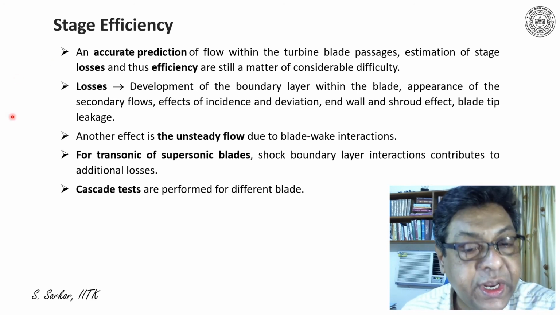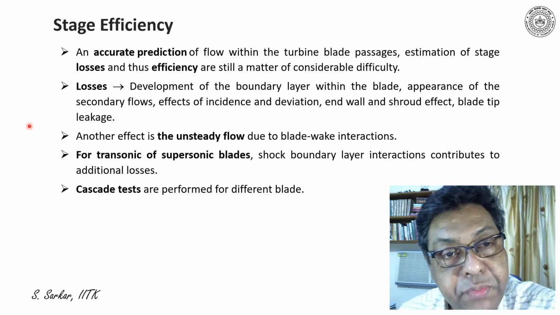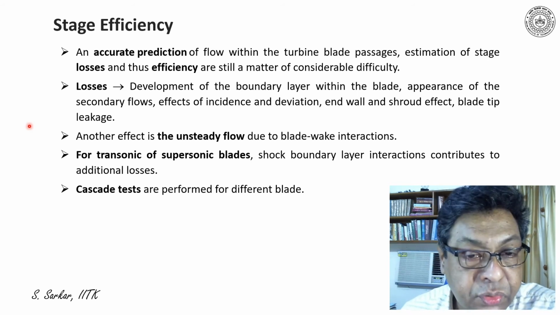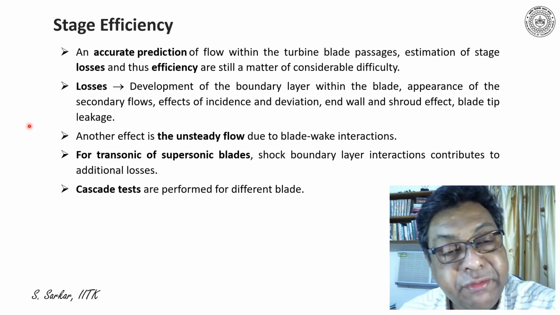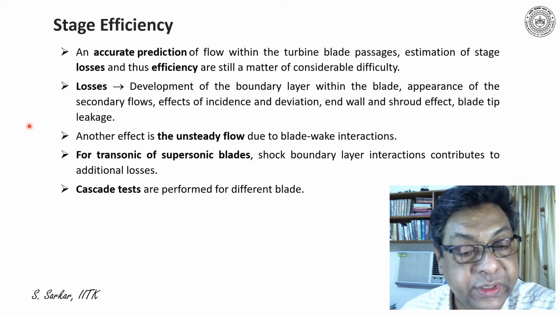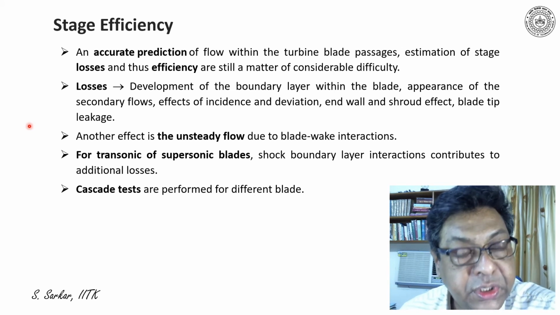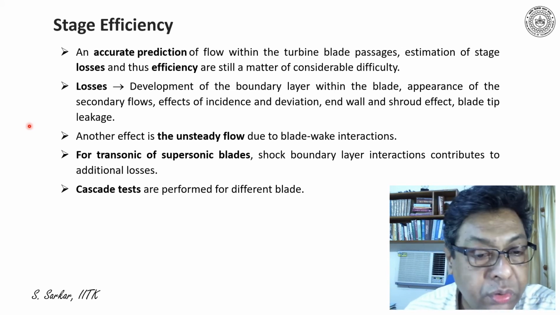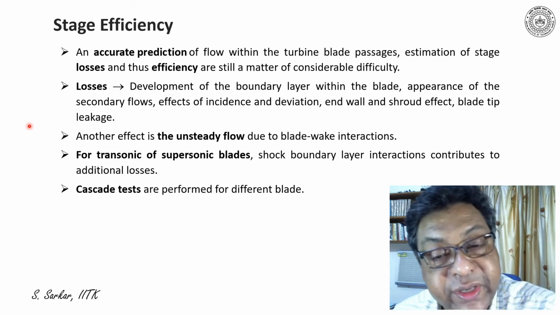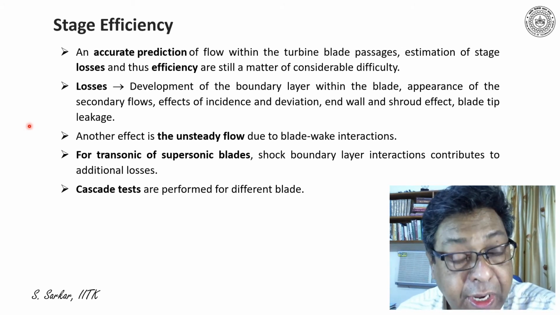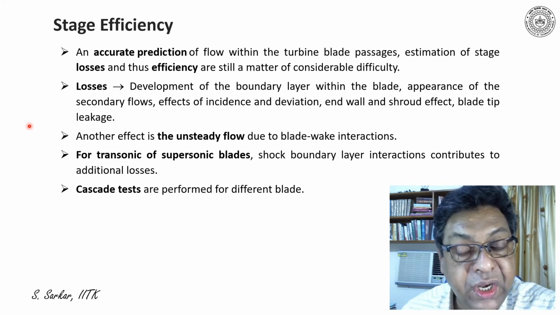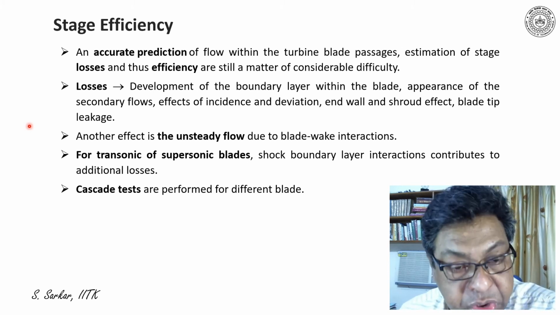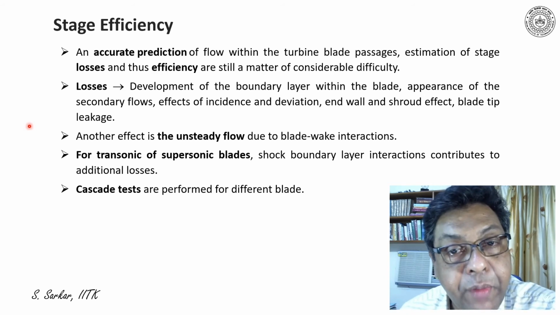Losses can occur due to the development of boundary layer on the blade surface, exposed to centrifugal and Coriolis forces. Furthermore, the appearance of secondary flow, tip leakage vortices, inward boundary layer, and hub boundary layer contributes a significant amount of loss.